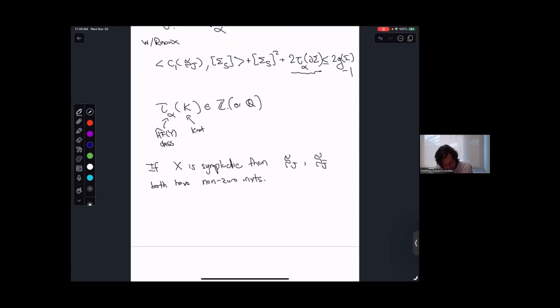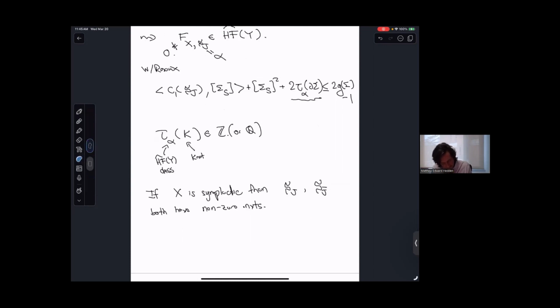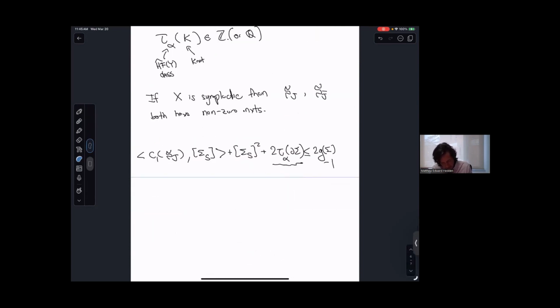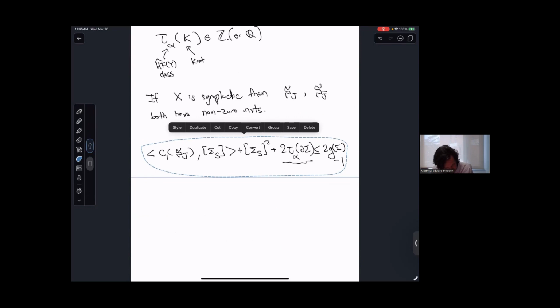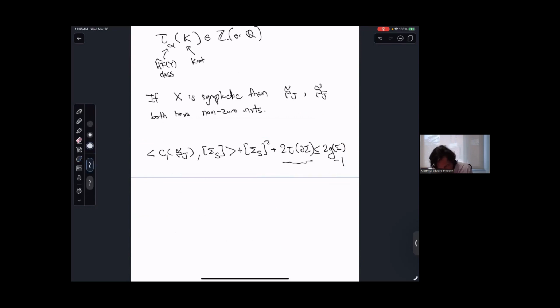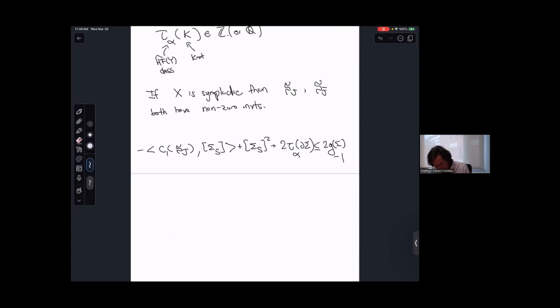And so then we can get this formula, or this adjunction inequality, for the relative invariant of the symplectic four manifold, and I can put a minus sign there, but at the expense of maybe conjugating. Okay, so there's that. Oh, sorry, and there's no minus one here. This is 2G.